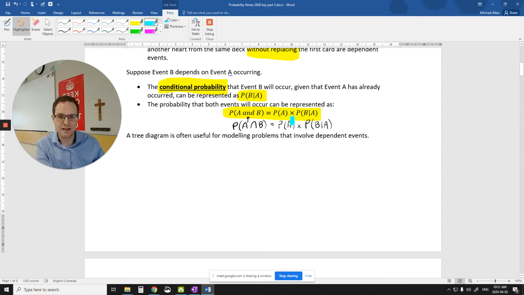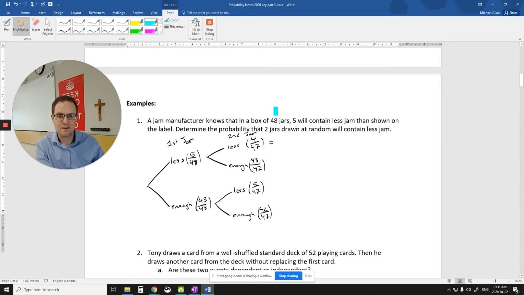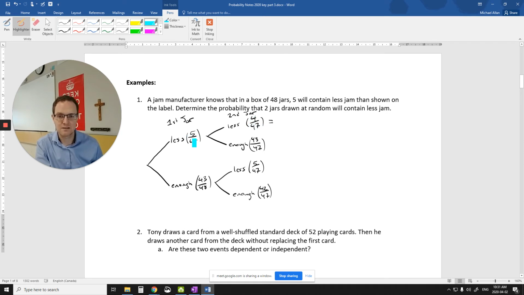The probability of it happening and then the probability of the other one happening if the first one has already happened. You can see that's what we calculated. This is the probability of it happening. And the second probability here is the probability that's changed because the first one happened already.